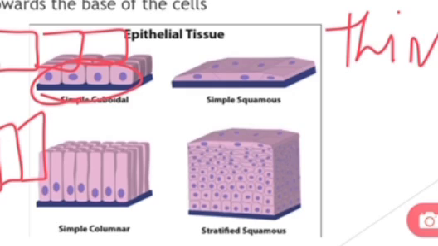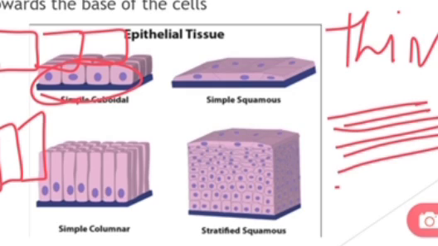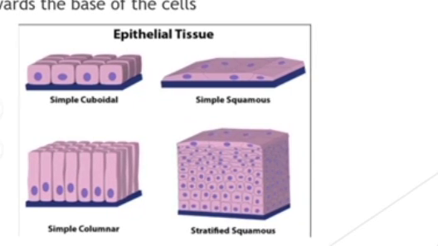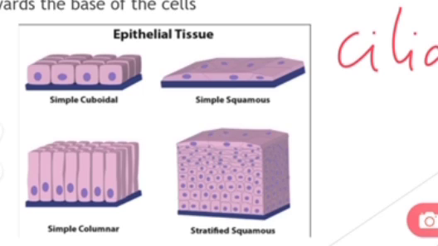Then stratified squamous. Stratified means present in layers. One more type of epithelial tissue is ciliated. Ciliated means hair-like structures are present on the columnar layer.